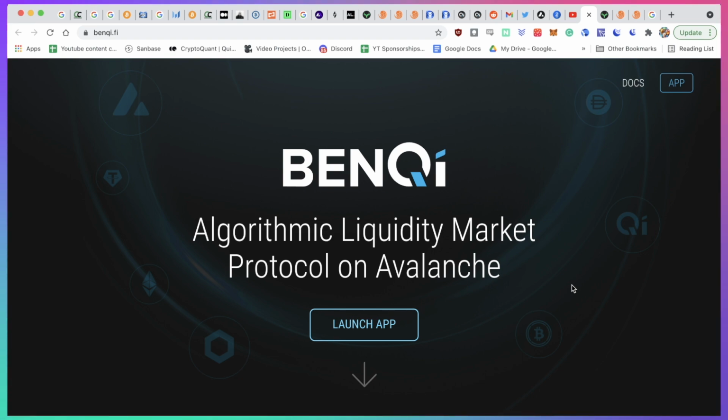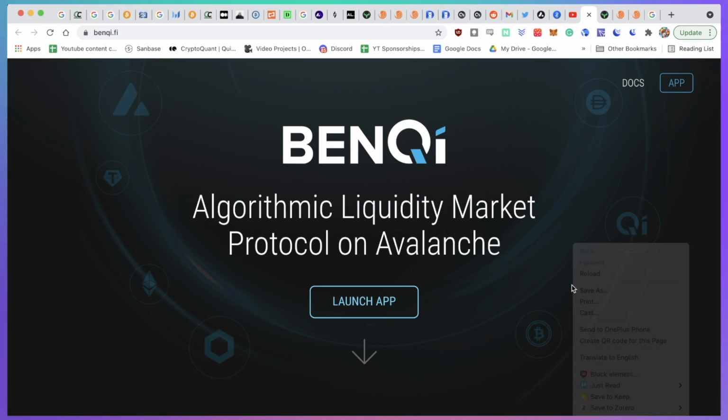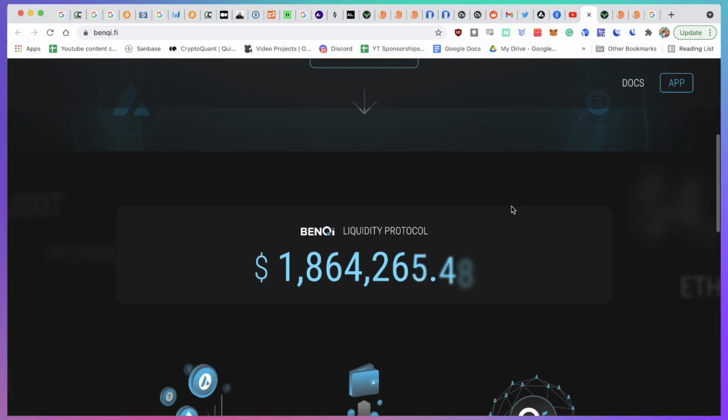For example, if you've got some ETH or some AVAX tokens that you want to keep in your wallet, but you want to have some USDC or USDT to pay maybe some bills, and you don't really want to sell these initial tokens, you can lock up these tokens as collateral, and then you can borrow some USDC against those collateralized tokens. So very similar to Aave.